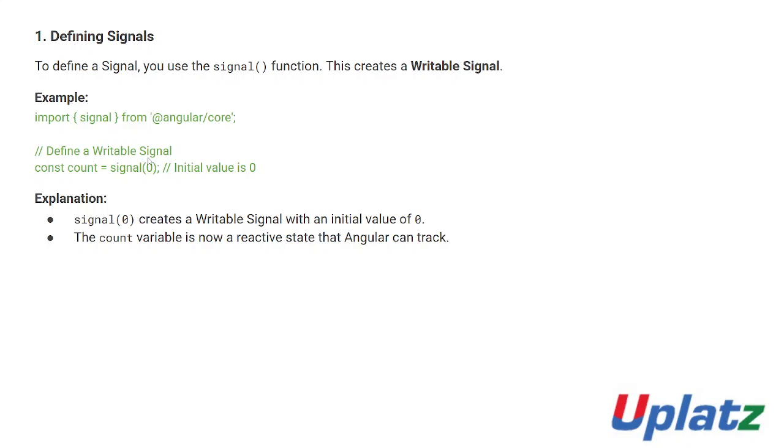Define a writable signal: const count = signal(0). Initial value is 0. Explanation: signal(0) creates a writable signal with an initial value of 0. The count variable is now a reactive state that Angular can track.